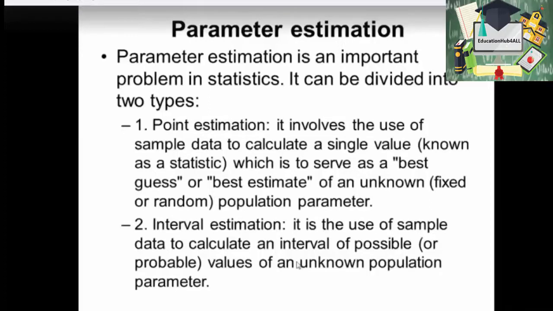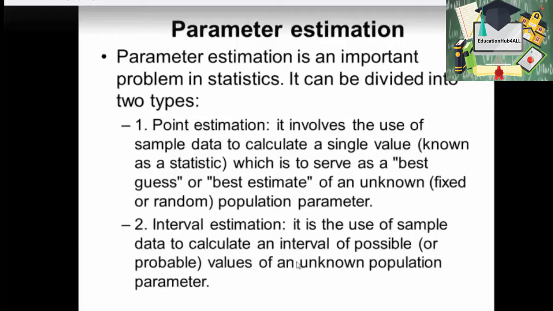I'm 95% sure the p-value is located between 0.1 and 0.9. So that's the interval estimation. It tells us, of course, if the interval is large, the probability is large. But sometimes we don't like a large interval.